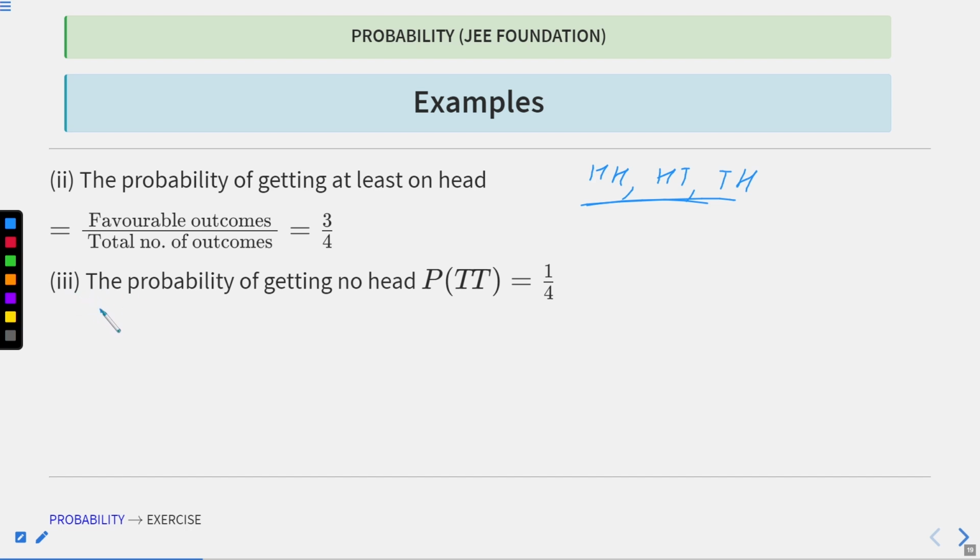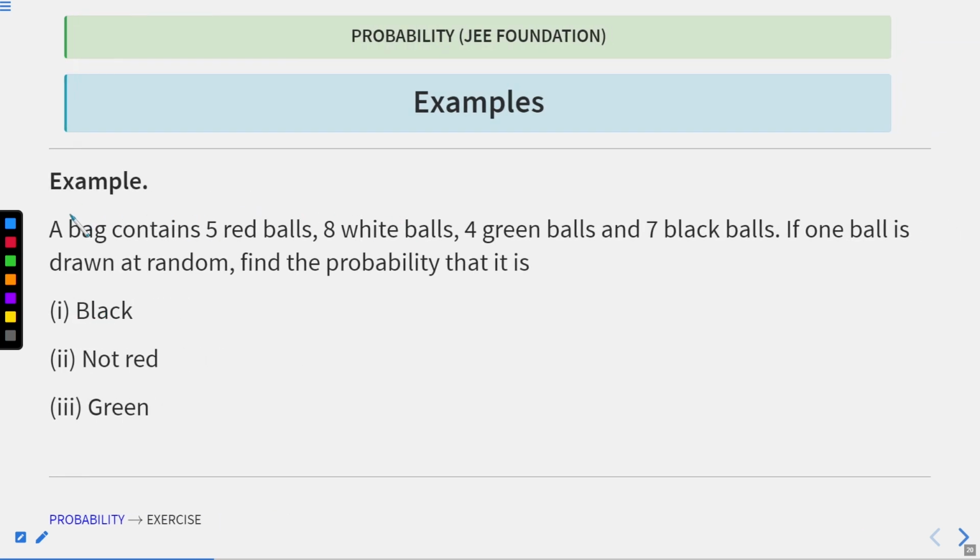So let's move to the next. Now my another example is about a bag of balls. A bag contains 5 red balls, 8 white balls, 4 green balls, and 7 black balls.